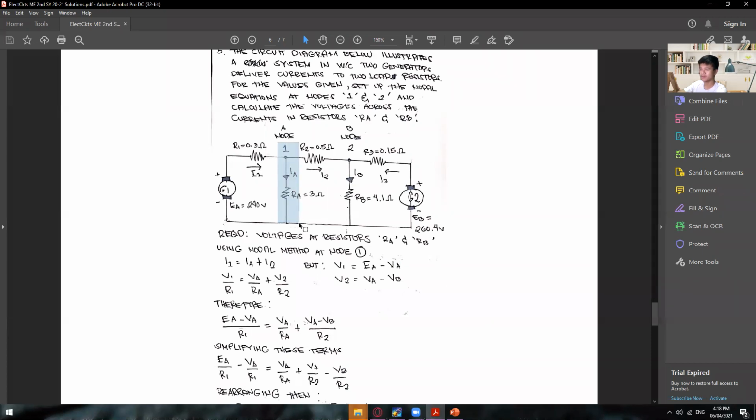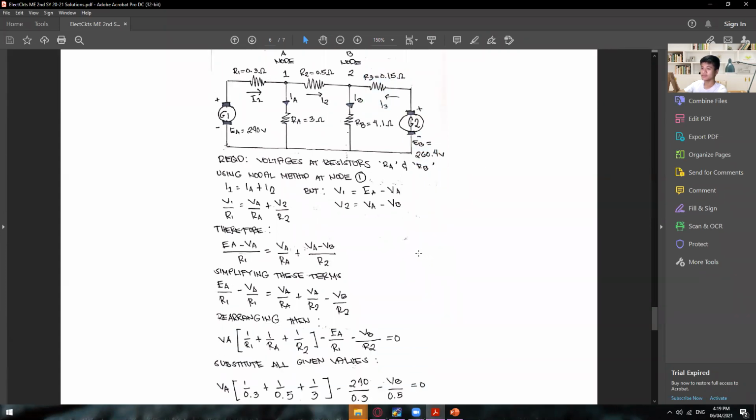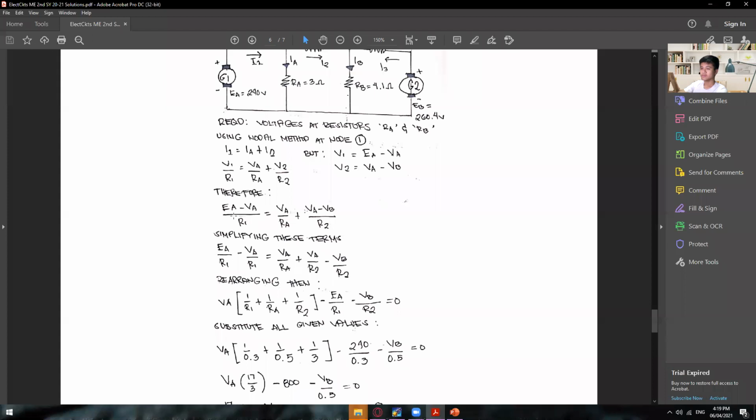Anyway, that's how to solve for the V1. And then the same with V2: supposedly we have here EB minus the voltage drop across here. That's why we have minus VB. Anyway, it seems I was able to get the correct answer.